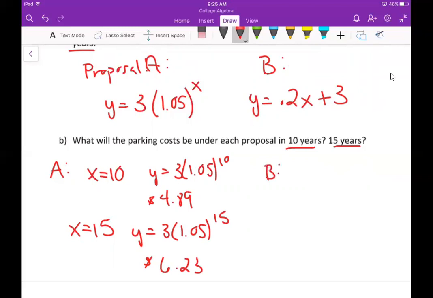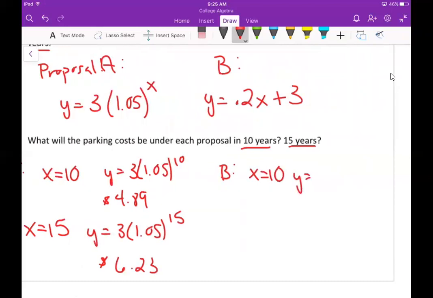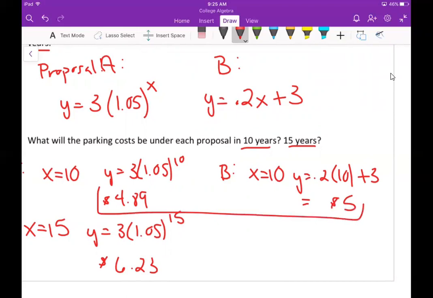So do that for B as well. This time we'll add 20 cents 10 times to $3, and we'll get $5. So even after 10 years, the exponential function is still less than the linear function.